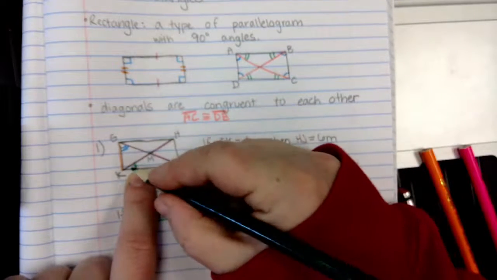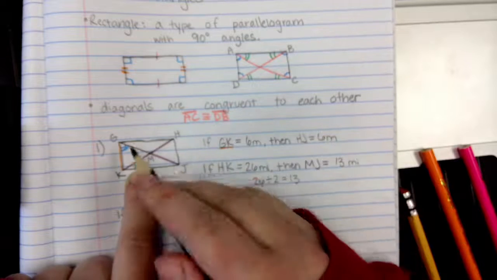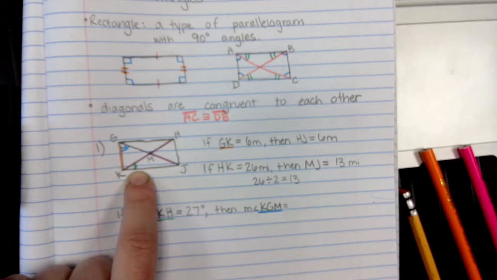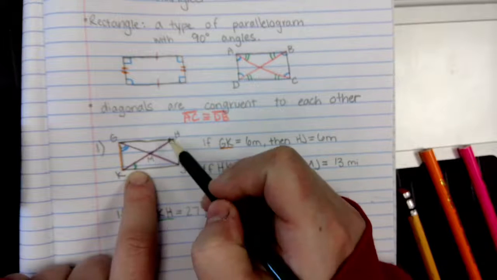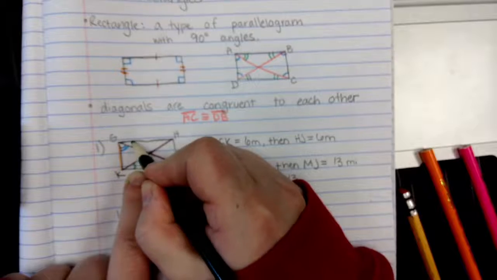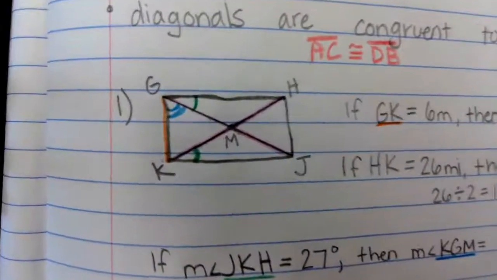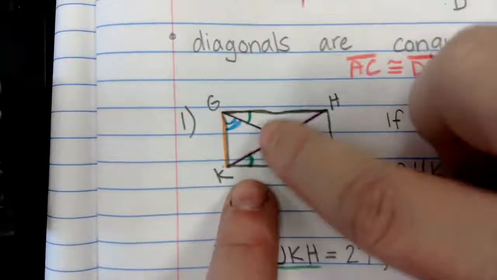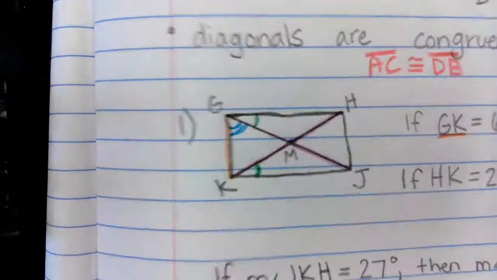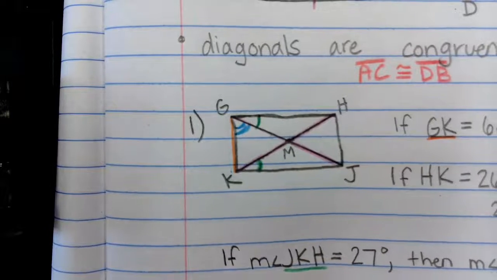So I know that these two are the same. So I'm going to write that real quick down here. I'm going to show that angle. So if I have that angle there, which one is 27 degrees? The bottom one or the top one? The topish one. This one's 27 degrees.